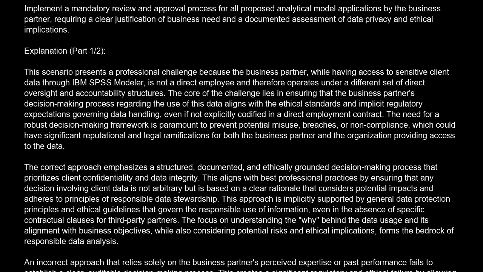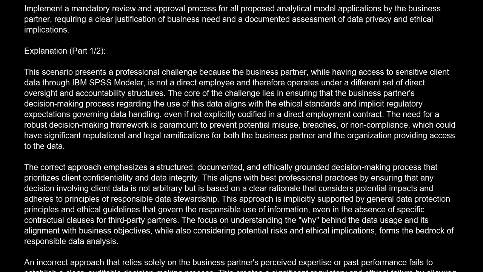The core of the challenge lies in ensuring that the business partner's decision-making process regarding the use of this data aligns with the ethical standards and implicit regulatory expectations governing data handling, even if not explicitly codified in a direct employment contract. The need for a robust decision-making framework is paramount to prevent potential misuse, breaches, or noncompliance, which could have significant reputational and legal ramifications for both the business partner and the organization providing access to the data.